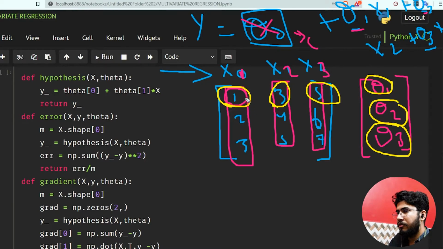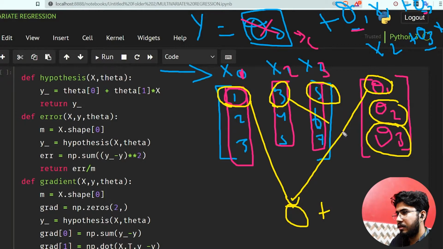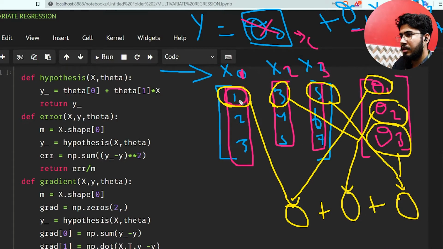So now if you see, it is going to multiply all of them together and then add them. It will multiply them together, generate a number, then add, multiply again, generate a number, then add again, and we will have three numbers. If you see closely, x1 is multiplied with theta 1, x2 is multiplied with theta 2, and x3 is multiplied with theta 3, and it is going to be the same for all of them.